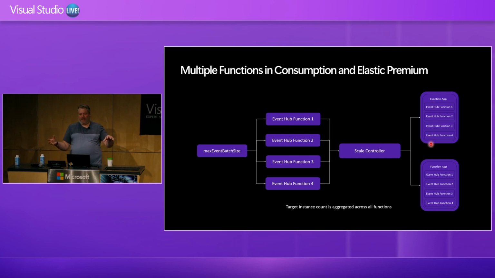So all of the instances of your app will have that same function executing, or those functions, and they are fighting for CPU and memory in the instance. And also they're voting to scale out differently, right? You might have a service bus function here that wants to scale to 20 instances to handle all the messages in the service bus. And you might have an HTTP trigger function that just gets one executing at a time very slowly and can only scale up to one. So that's how it works in Elastic Premium.